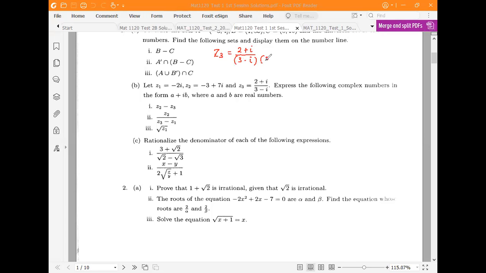It will be 3 plus i, and also add 3 plus i. So we get 2 times 3, that's 6, 2 times i, and that's plus 2i.